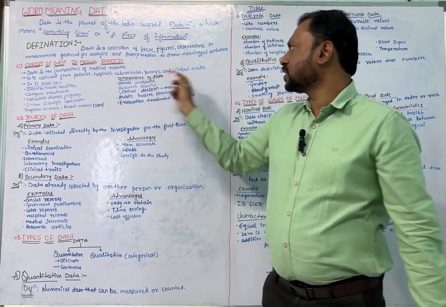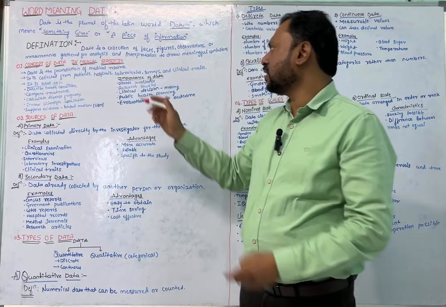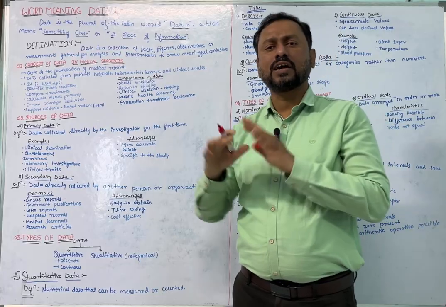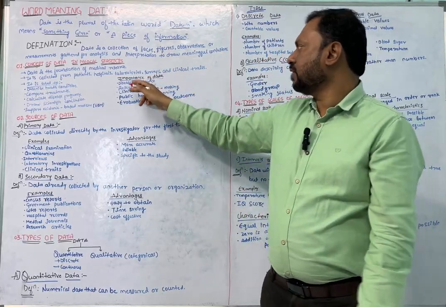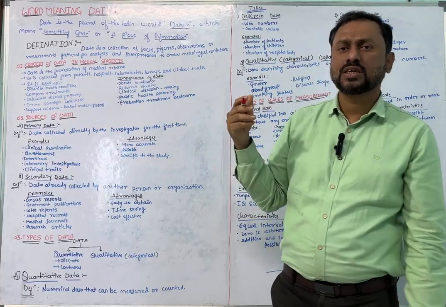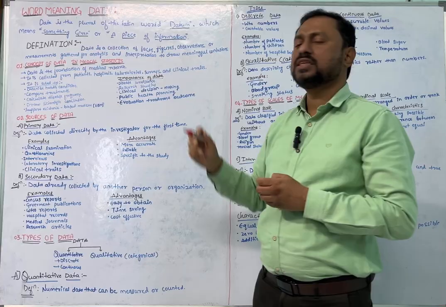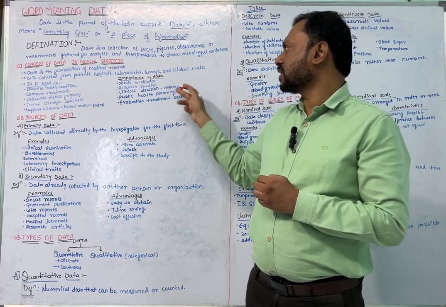Now the next thing is the importance of the data. What is the importance of the data here? For disease surveillance, to survey the disease, we use this data. For research studies and trials, data is required. Clinical decision making, for policies and for practice, it is necessary.